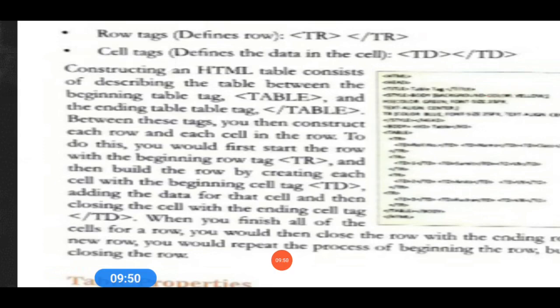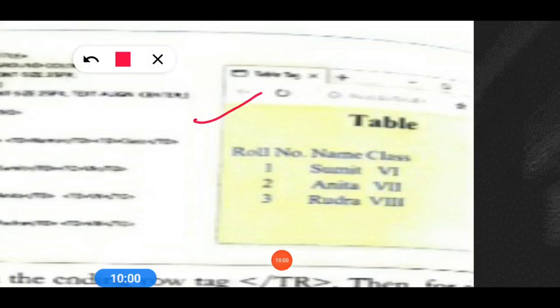So that is there. Now one example you can see: roll number 1 2 3. Clear? This is a table. Roll number, then name, and then class. So that is there. Clear?